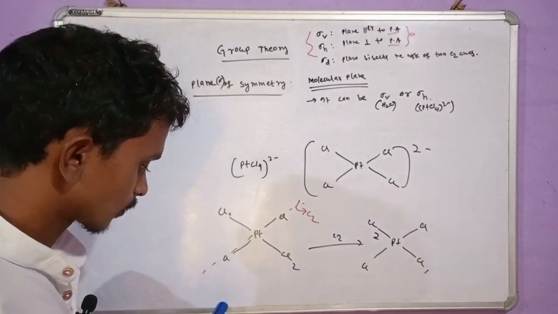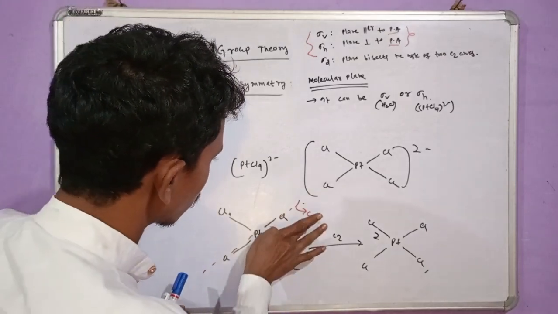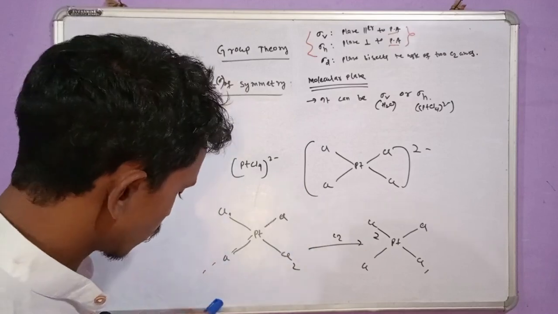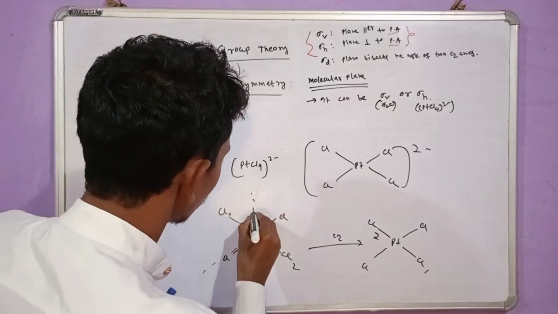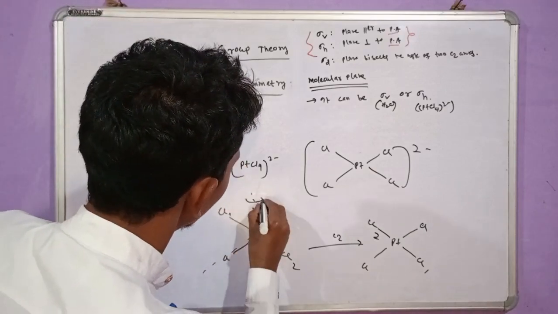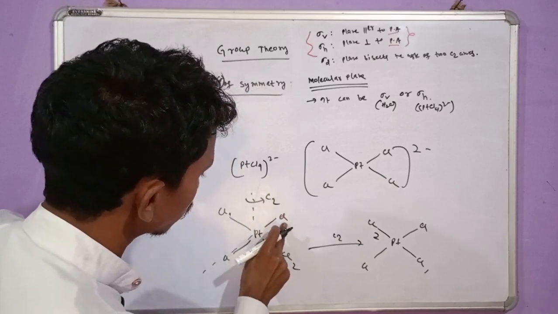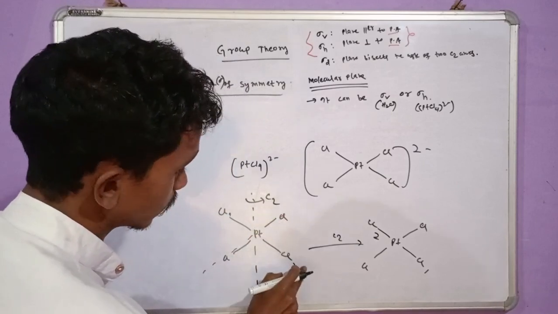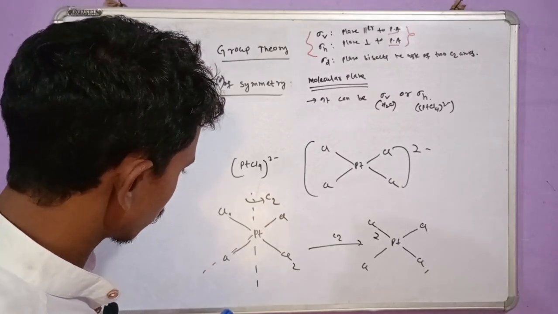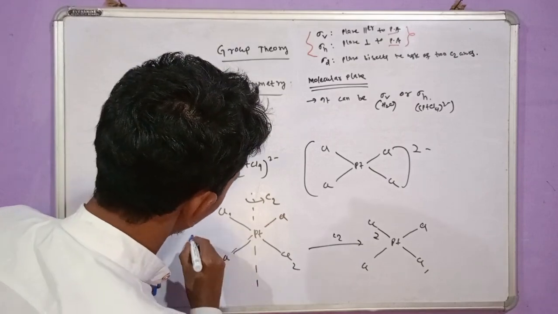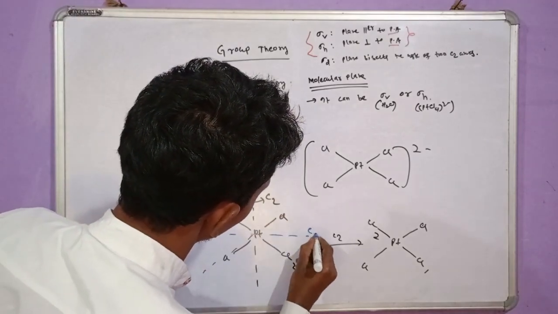Let me pass the C2 from here. If I pass C2 through here, then this gets reflected, replaced by this. This is one C2. Another C2 I can pass in this direction. This is another C2.